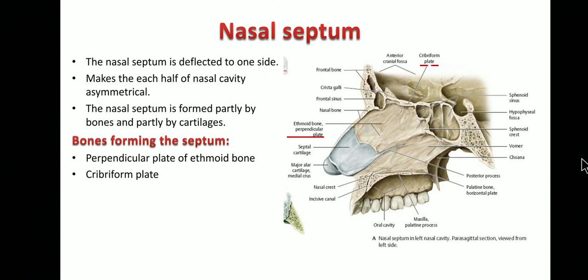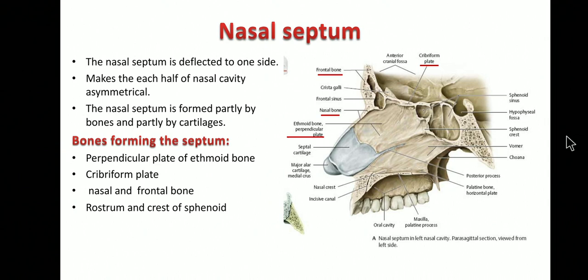Above, it is mainly formed by the cribriform plate of ethmoid. Antero-superiorly you have the nasal and the frontal bone, and then you have the crest of the sphenoid, through which it communicates with the perpendicular plate.